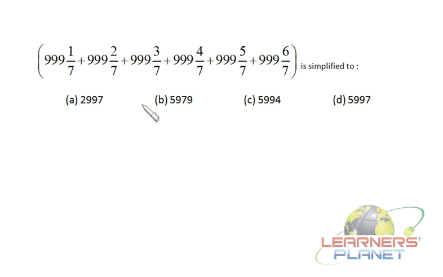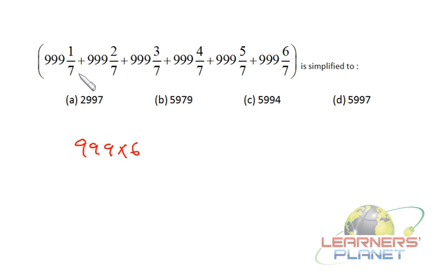now in this problem, just don't start taking LCM. Here we are having 999 for 1, 2, 3, 4, 5, 6 times. So 999 into 6 is something around 5994, since we are deducting 6 from 1000 into 6, that is 6000 minus 6.